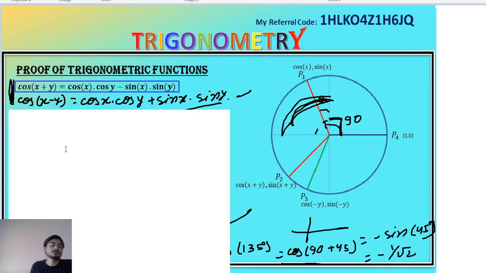Now coming to this thing. First I will write this formula only. You know that cos of 90 minus theta is equal to sine theta, right?